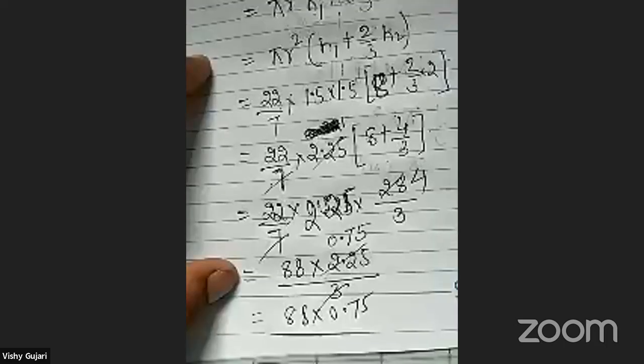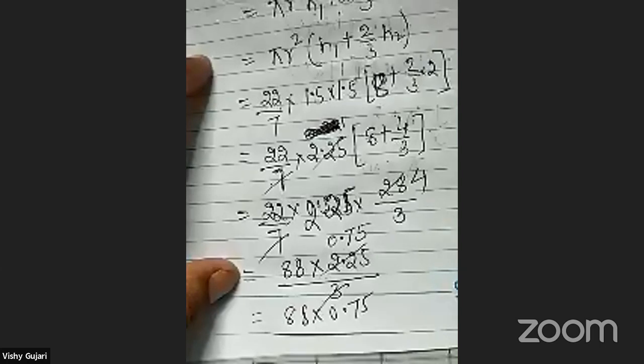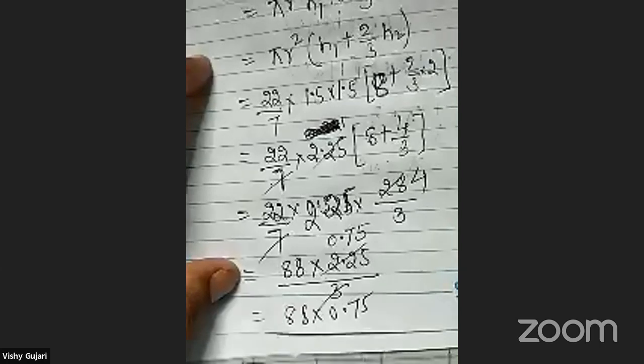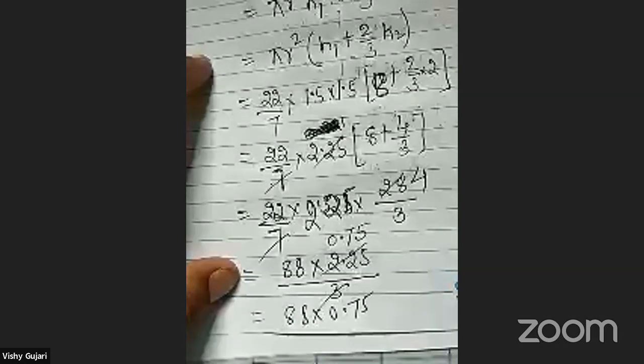How much are you getting? Check it again. 66, sir. You are getting 66 centimeter cube. Okay, here I have not cancelled it.